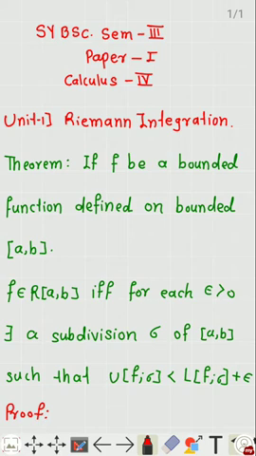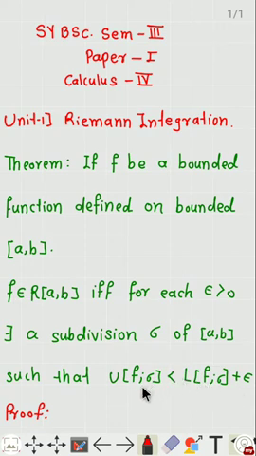If f is a bounded function defined on the bounded and closed interval [a, b], then function f is Riemann integrable on [a, b] if and only if for each epsilon greater than 0 there exists a subdivision sigma of [a, b] such that U(f, sigma) is strictly less than L(f, sigma) plus epsilon.